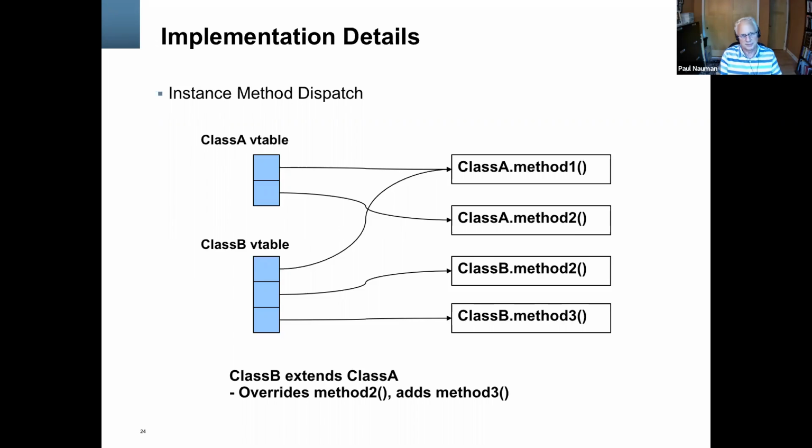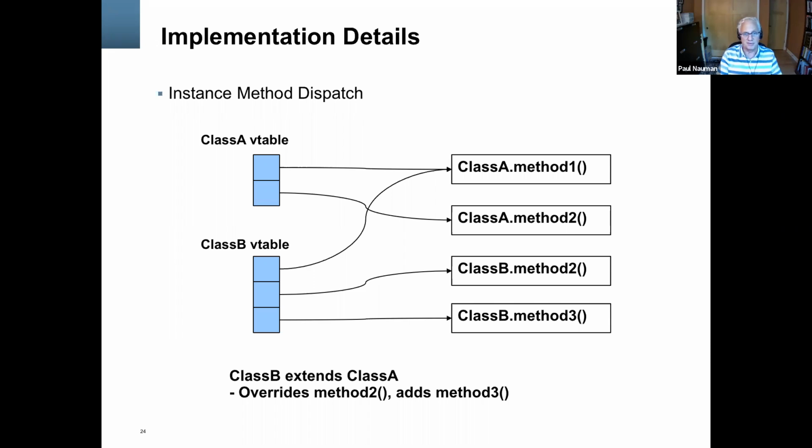So just looking through this, because Class A and Class B share the same method 1, Class B did not override method 1, both of the first entries in both of their vtables point to the same method. So method 1 is always at entry 0 of the vtable, and you simply follow the reference there and you find the right method.